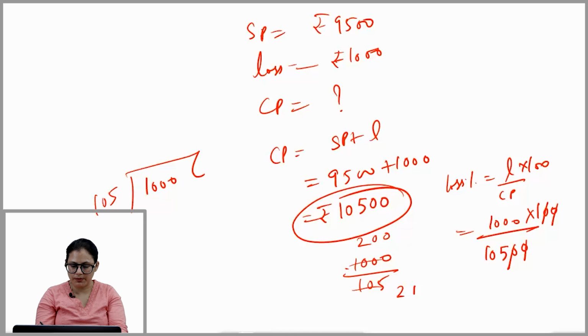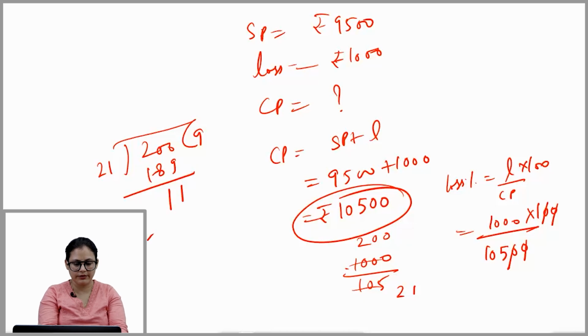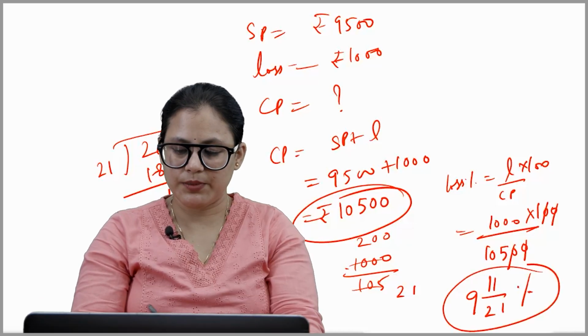So 200 by 21. Okay, you will divide 200 by 21. 9s are 189, and then here 11. Okay, so what is the percentage? 9 whole 11 by 21%. So this is the loss percentage.